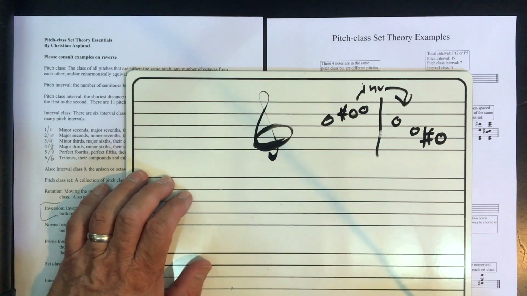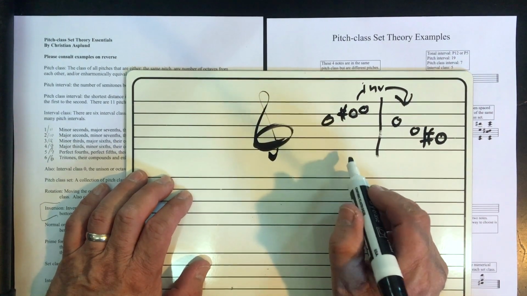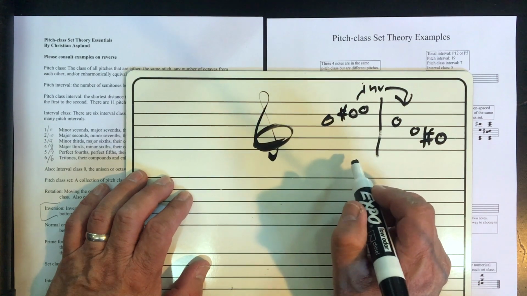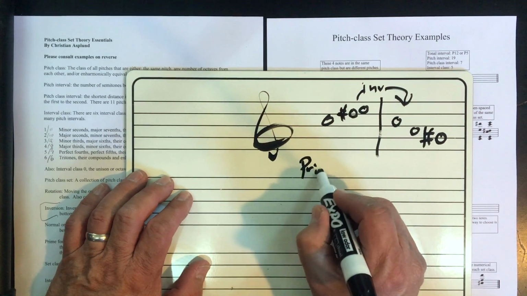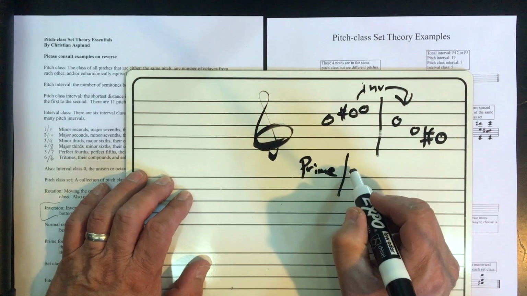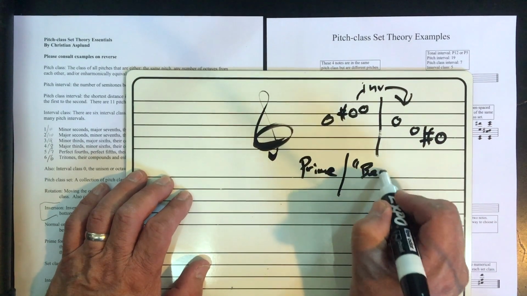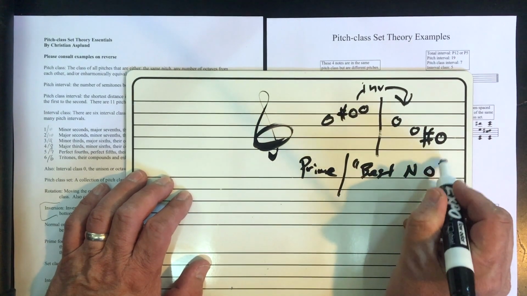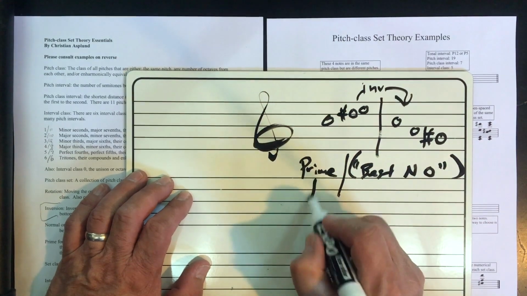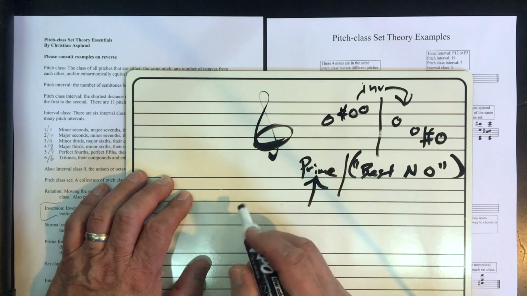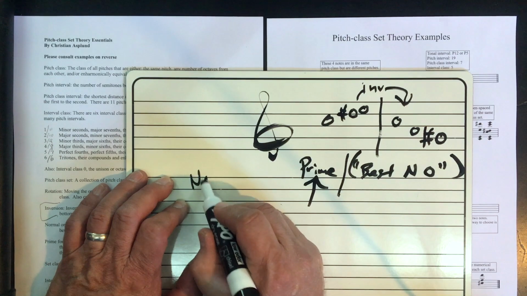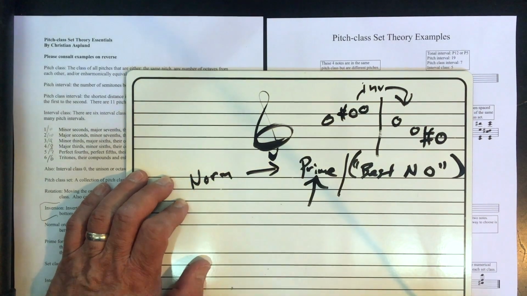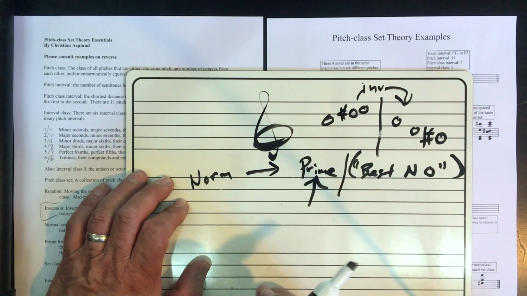Okay, so there's normal order and then there's prime form, which is somewhat the same as best normal order. But I would bracket that and think in terms of prime form. So we've got normal order, and then we've got a further abstraction, prime form.